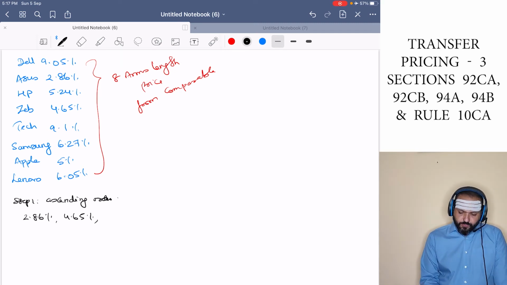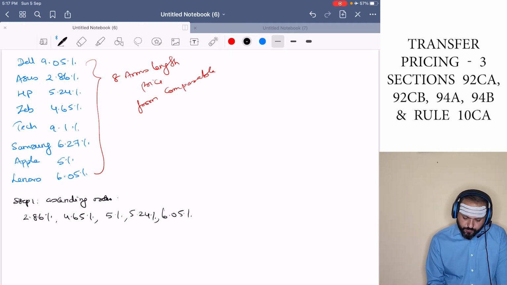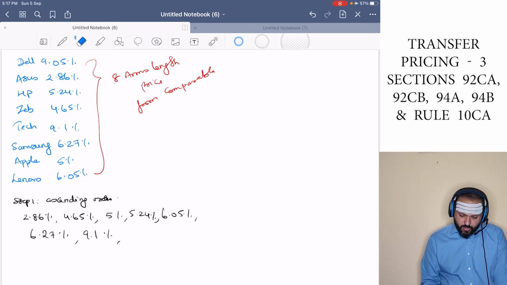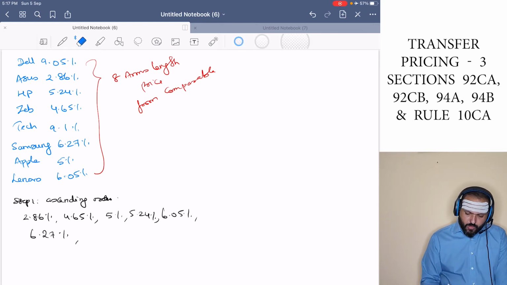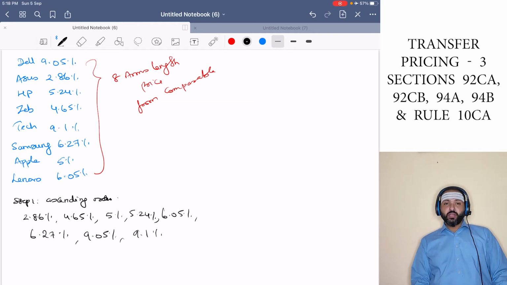Then the next one is going to be 5%, then 5.24%, then 6.05%, then 6.27%, then 9.05%, and then 9.1%. So this will be the data set when it is being arranged.